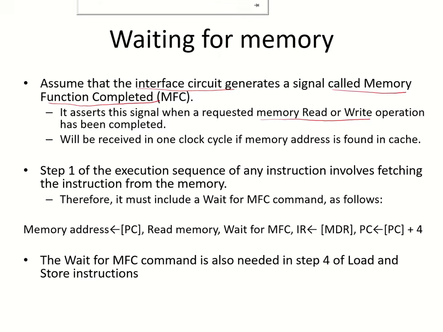So if the memory address that was being accessed is found in the cache, this MFC signal will be received in one clock cycle. However, if it is not found in the cache, the main memory will be accessed, the operation will be performed, whether it was a read or a write operation, and only then the MFC signal will be generated once the data has been received from the memory.